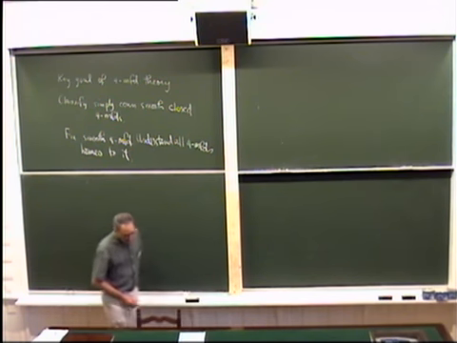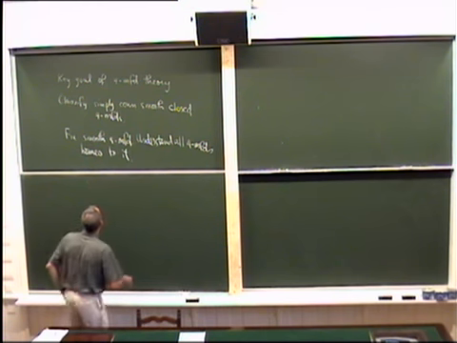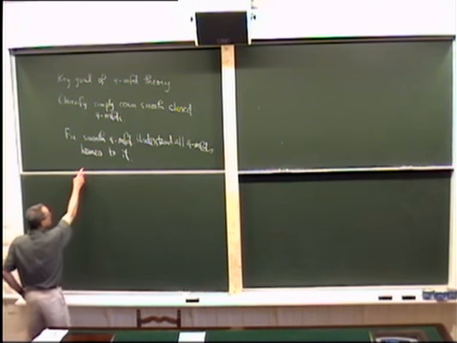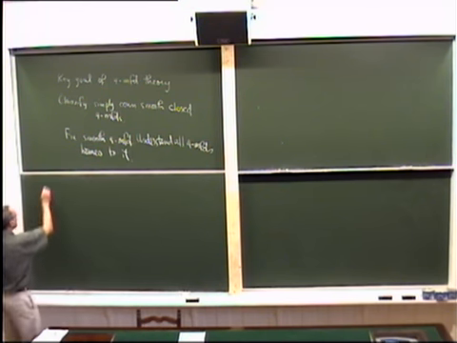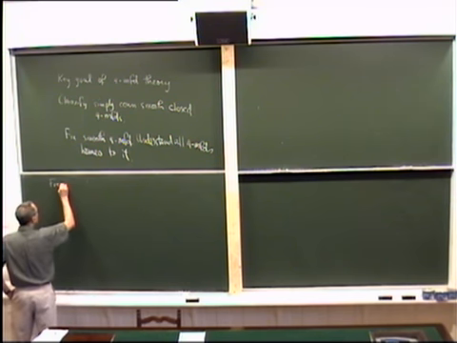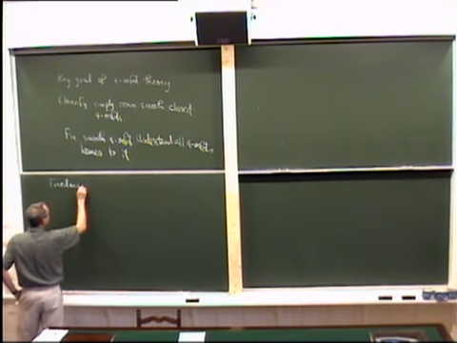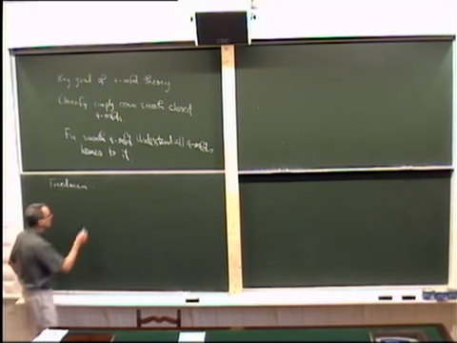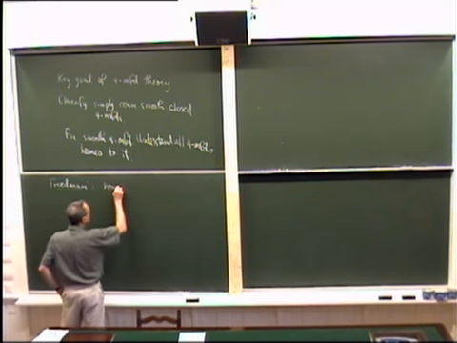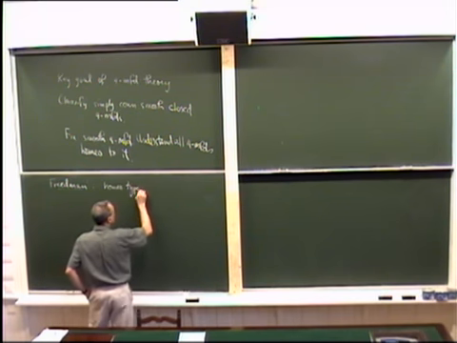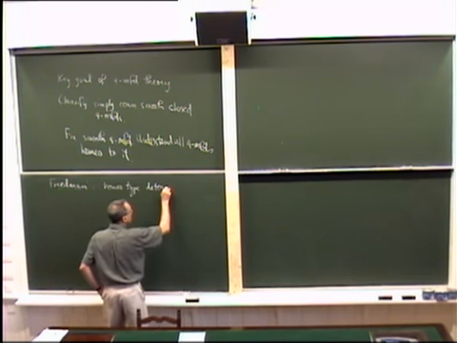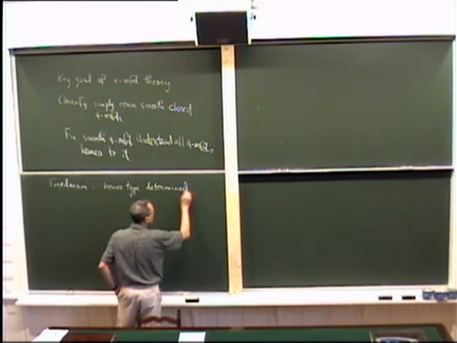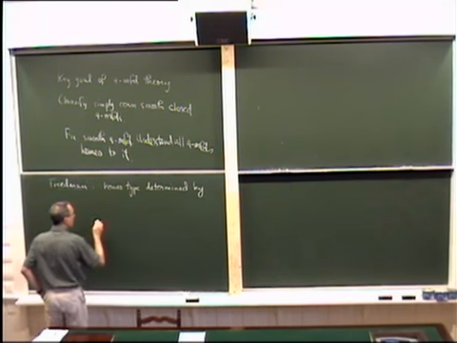Okay, so at any rate, now the homeomorphism type of smooth four manifolds. It's an important theorem of Freedman that the homeomorphism type of a smooth four manifold is determined by the intersection form, in other words, by its cup product structure.